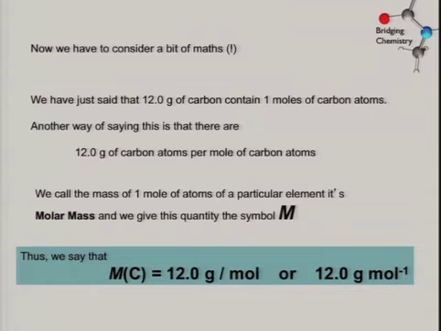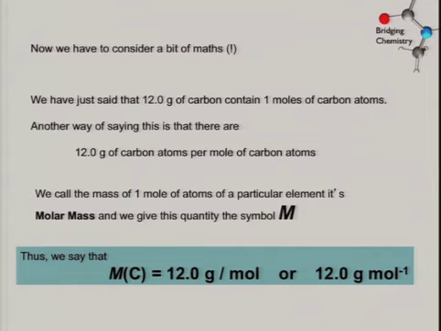So if we can say that there's 12 grams of carbon atoms per mole of carbon atoms, then we can say that the mass of 1 mole of carbon atoms is 12 grams. And so this leads us to this idea of something called molar mass. The mass of 1 mole of that particular substance. And it's given a symbol big M, and I would normally make that big M italicized, but you obviously don't have to italicize it if you're handwriting.